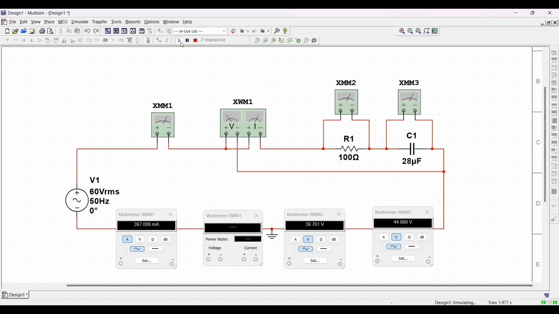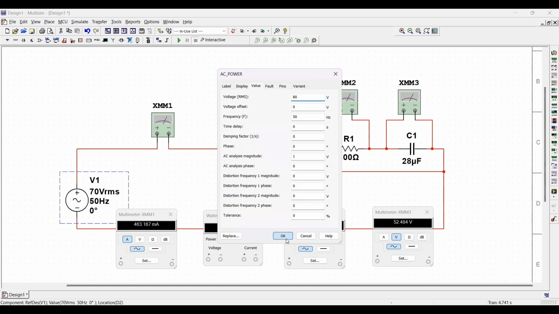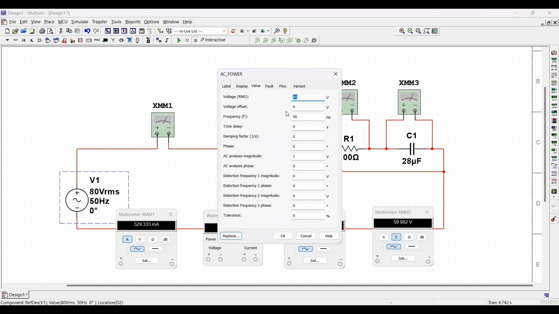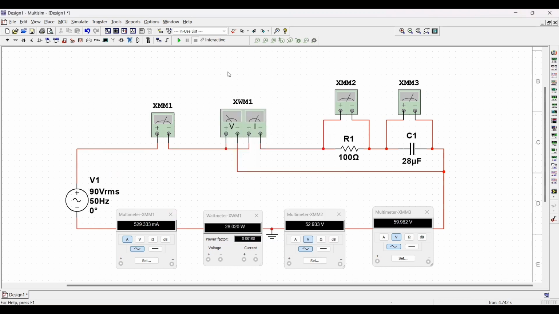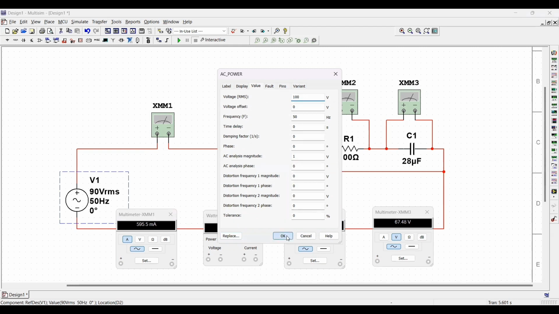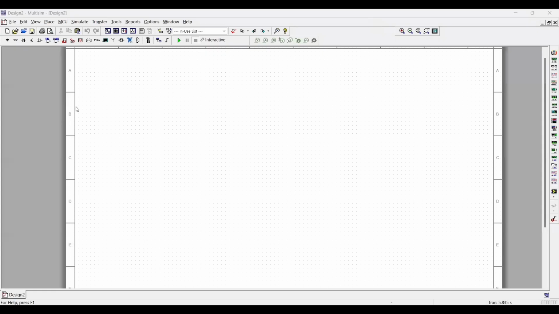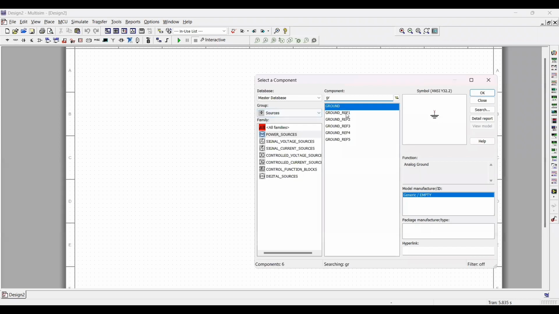And then for 60 volt, and then 70, this is the value for 70. And for 80, for 90 volt. And for the last one, we choose 100 volt, and this is the value. So that's all for the first circuit, and then we go to the second circuit.